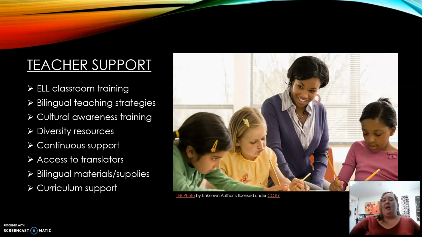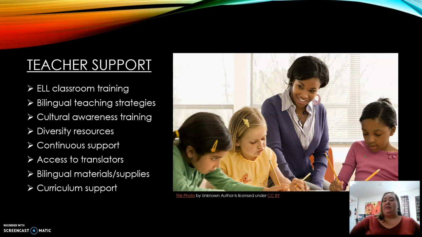Teacher support. It is important for us to ensure that our teachers are getting the support that's needed to provide a quality ELL classroom. We should include ELL classroom training, offer bilingual teaching strategies, provide cultural awareness training, make sure that our teachers have access to diverse resources, be sure to provide continuous support to our teachers.